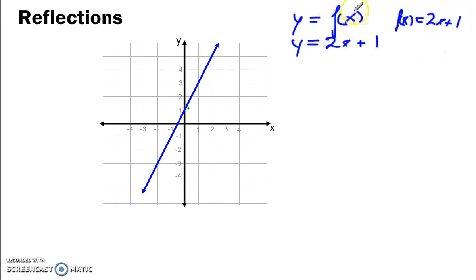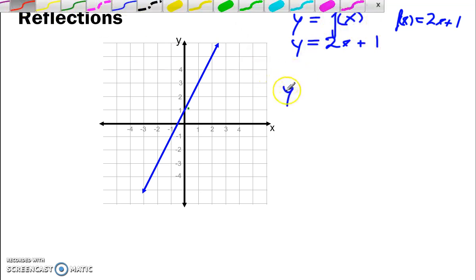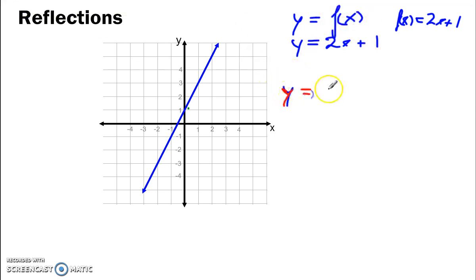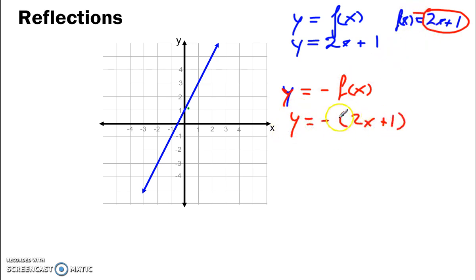If I negate, y equals negative f of x, then I have to take what f of x is and negate the whole thing. So y equals negative, parentheses, 2x plus 1. This is like negative 1, so I have to do the distributive property here. And that gives me y equals negative 2x minus 1.